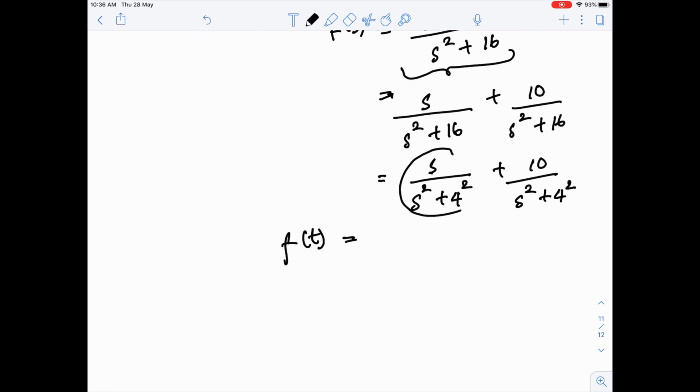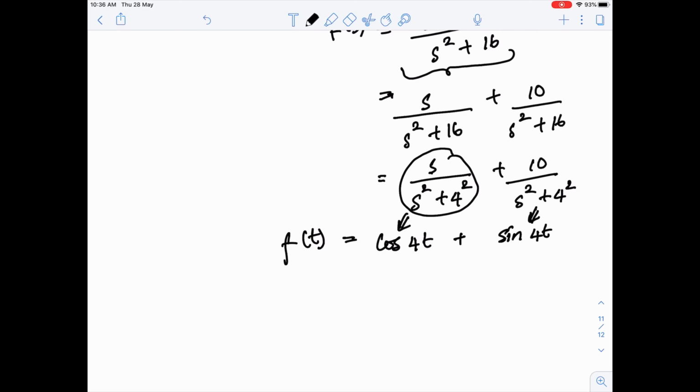For this one, you may refer to the table, where the table tells you that you will get cos 4t for this one, and sine 4t for this one.